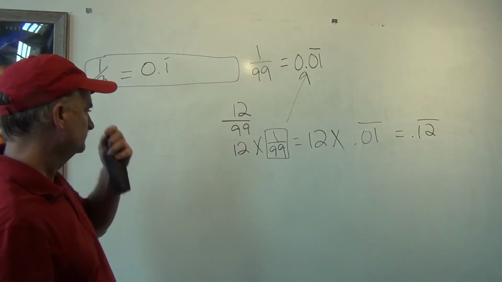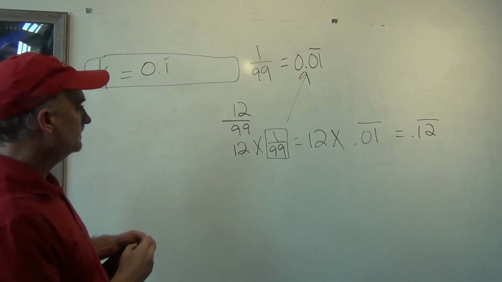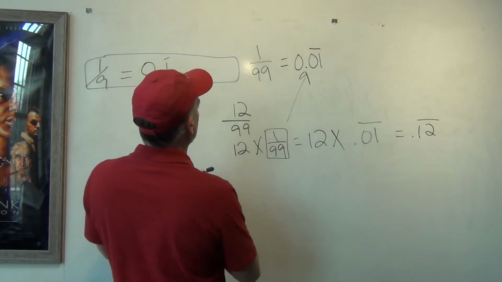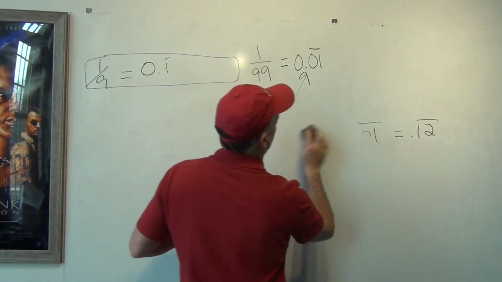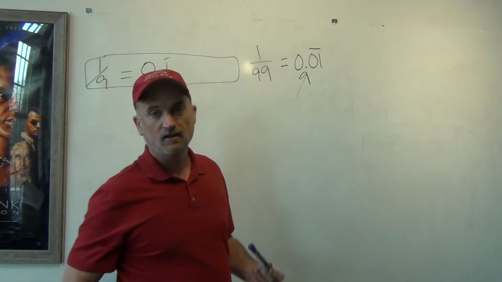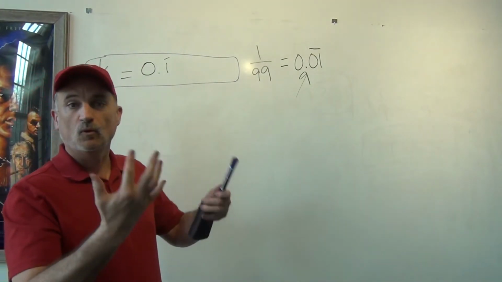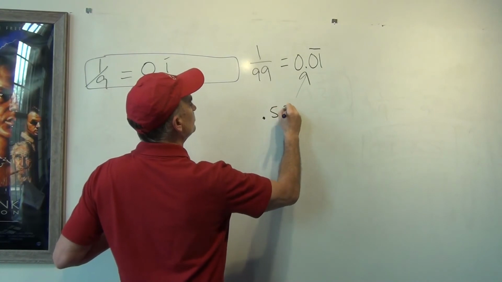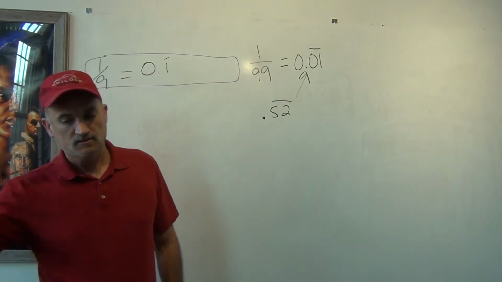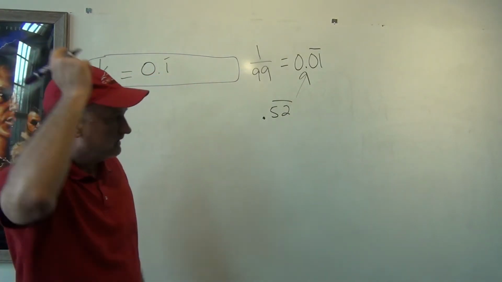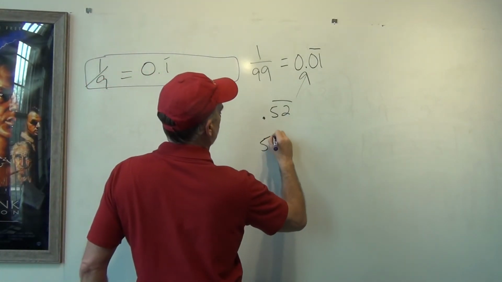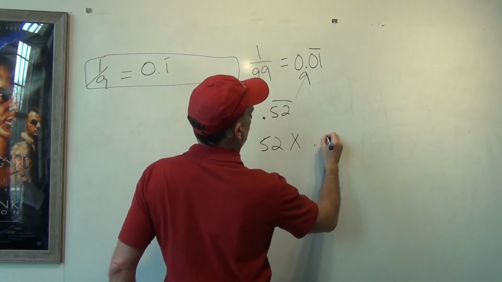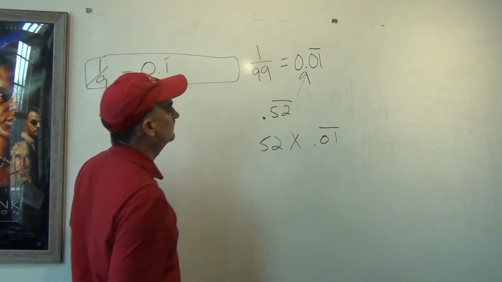All right, so let's take a look at another one, but we're going backwards this time. 0.52 repeater is the same as 52 times 0.01 repeater.